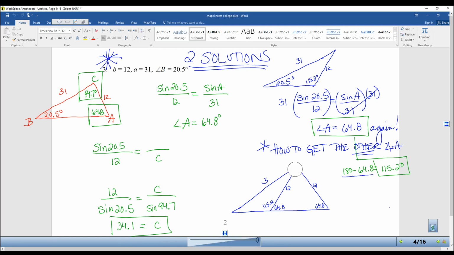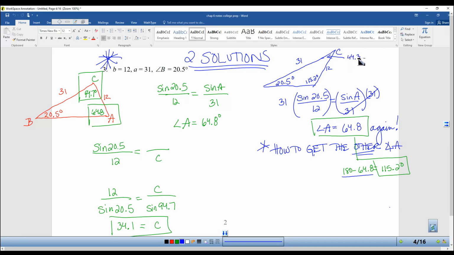So again, got to make a little room. So this is C up here. Now angle C is going to be, well, I got to do the math here. Subtracting from 180, 180 minus 115.2 minus 44 is 20.5. This is going to be 44.3.